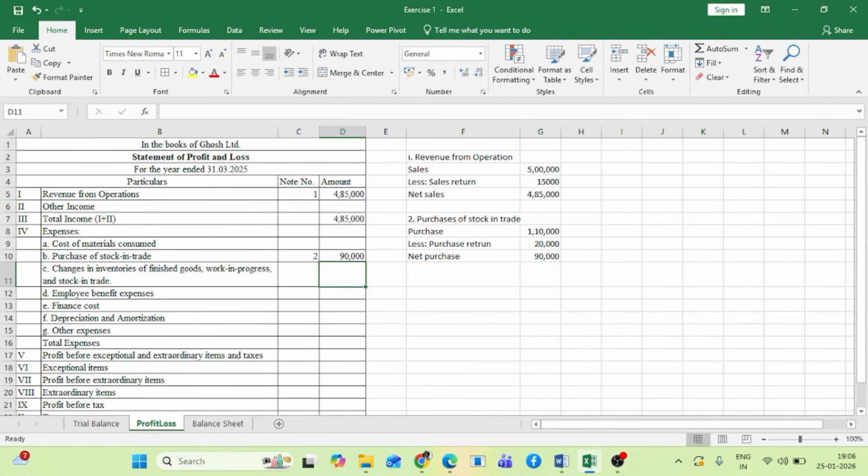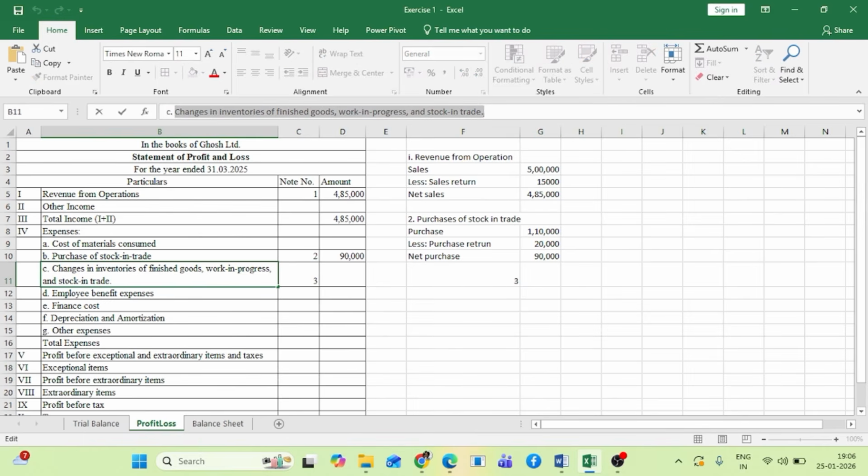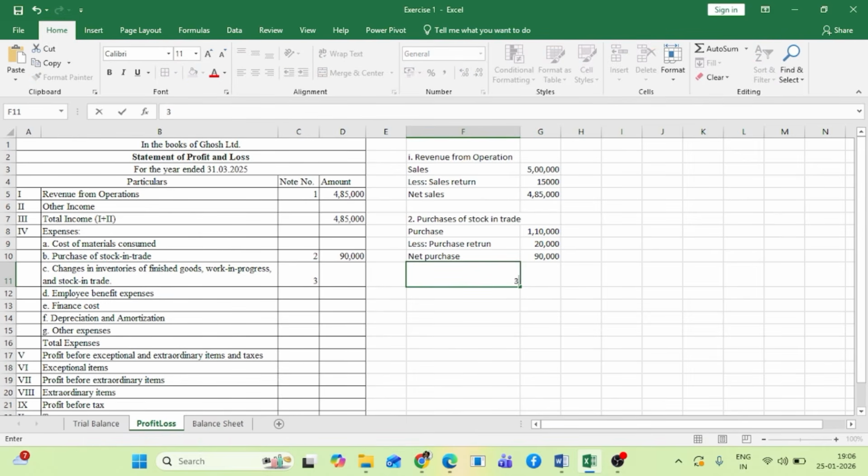Next is your changes in inventories of finished goods, work in progress, and stock in trade. So the next note number will be 3. So here I'm just copying this part. Okay. Note number 3 is all about this.